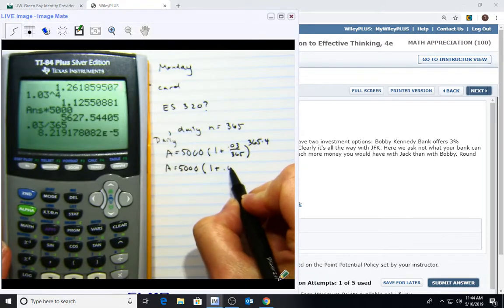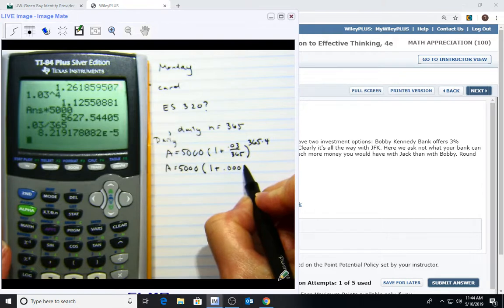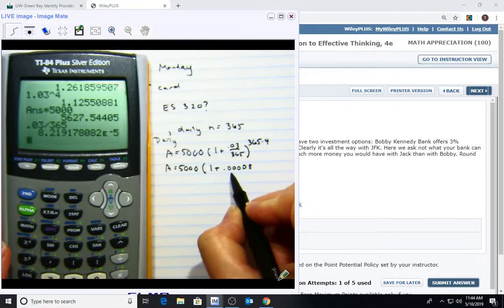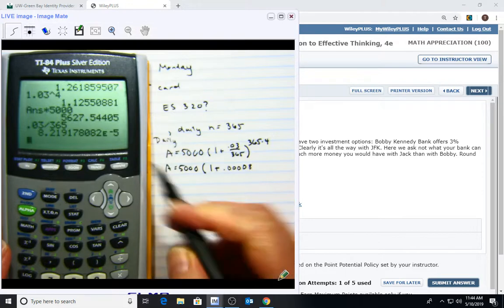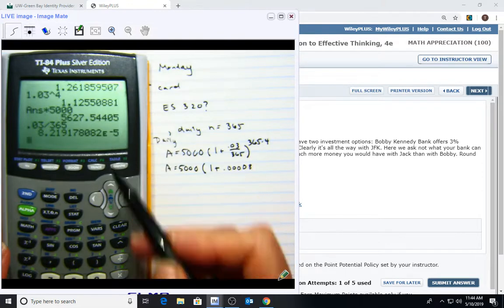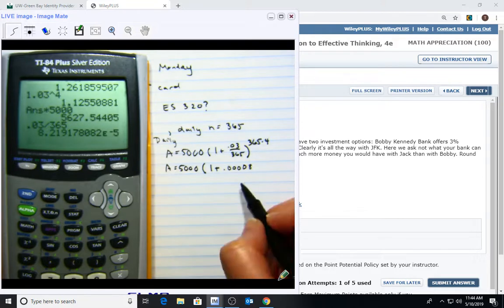So 1, 2, 3, 4, 5. 5 decimal places we move our decimal. That means times 10 to the -5th power, and it moves your decimal 5 to the left.